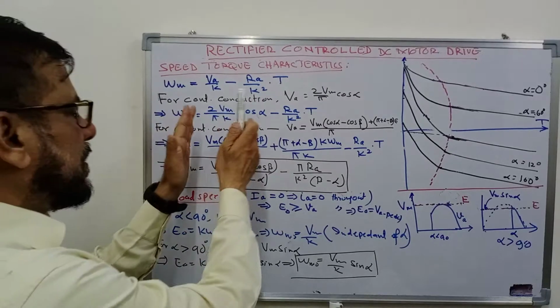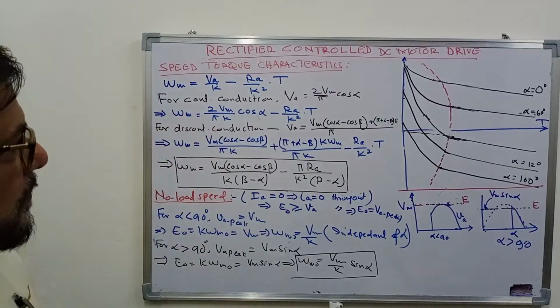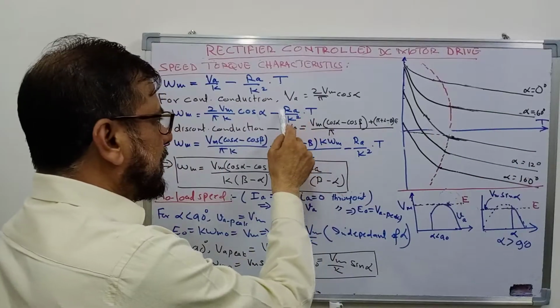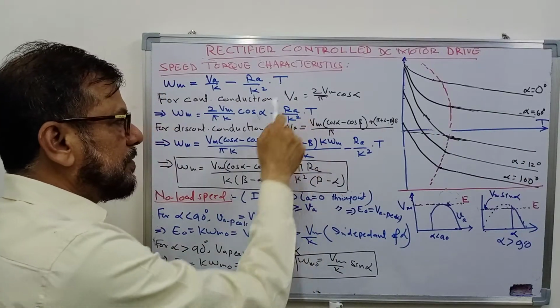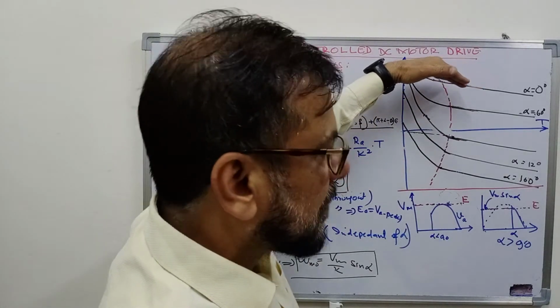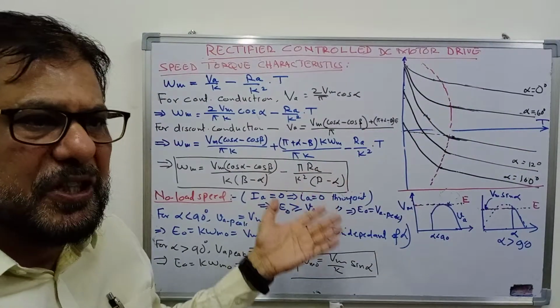If alpha remains constant, it will remain constant. So as the load varies, the speed will drop because of the negative slope here, minus Ra upon K square. So the speed torque characteristic is normal, as it was for the normal DC motor fed from a DC supply.